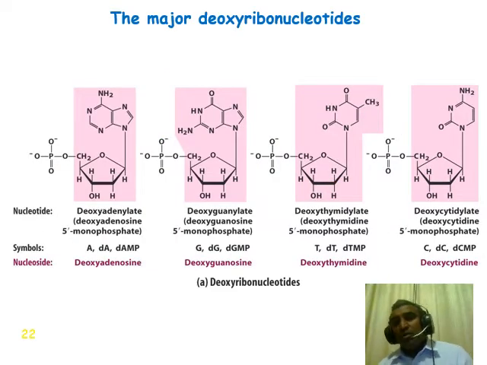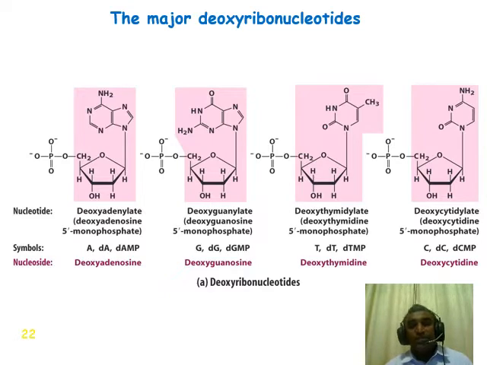Here, given all the four major deoxyribonucleotides, you will not see deoxyuracil, because it's not existing in DNA or deoxyribonucleotides. So you have the first one, deoxyadenosine, simply referred to as A, or the nucleotide deoxyadenylate itself.